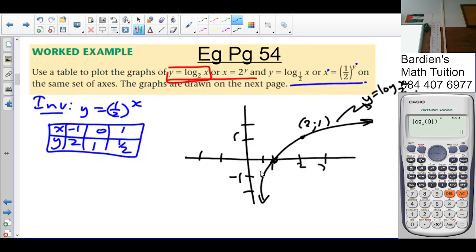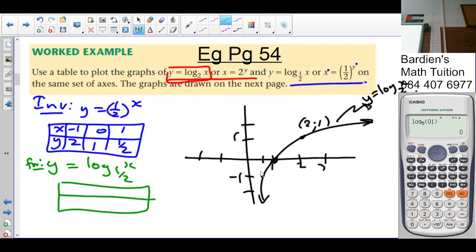That's for the inverse function. Am I interested in the inverse function? No. You want the log function. So for the graph y is equal to log x base a half, it is now going to be minus 1, 0 and 1, which gives you 2, 1 and a half.